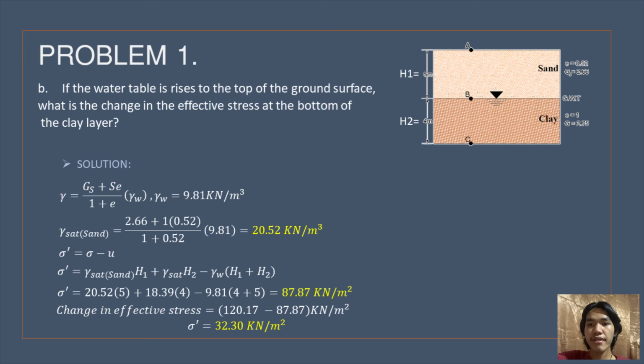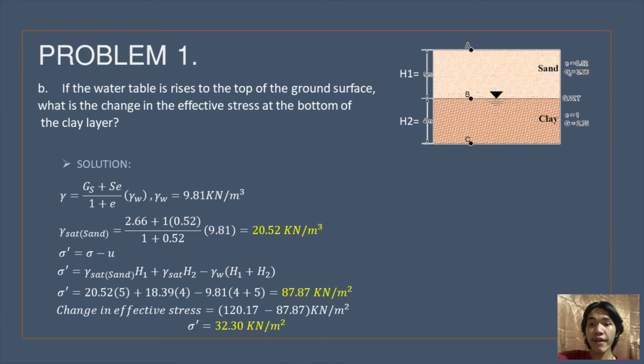That would give us 20.52 times 5 plus 18.39 times 4 minus 9.81 times (4 plus 5), which is equal to 87.87 kilonewtons per square meter.